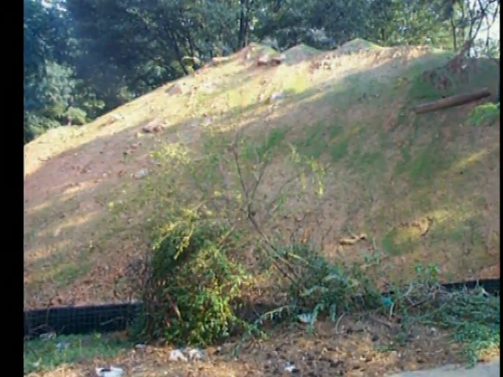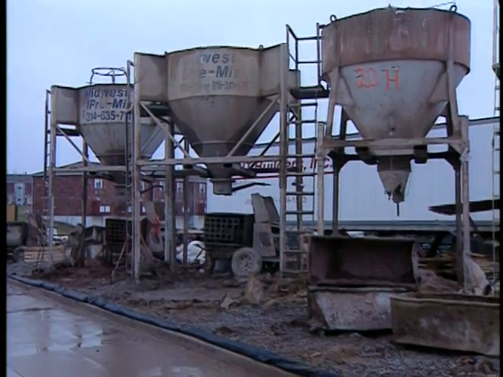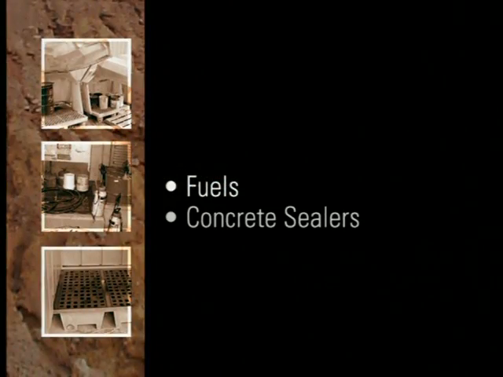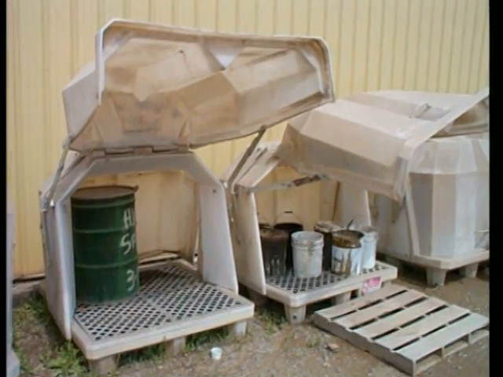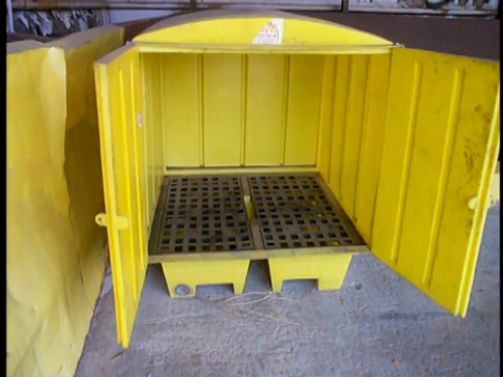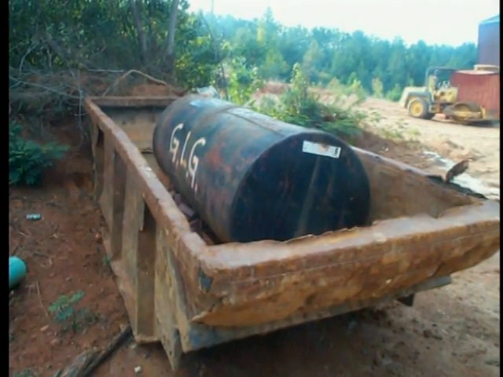Soil stockpiles should be stabilized to reduce erosion. Also, pay close attention to all storage areas where fuels, concrete sealers, solvents, or any other chemicals are stored. These should be secured and held in weatherproof containers, and always locate them as far as possible from ponds and streams.